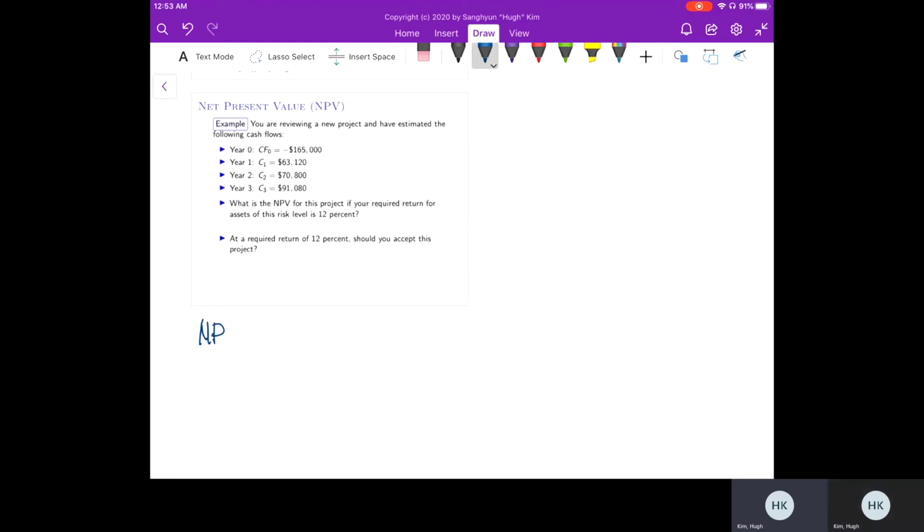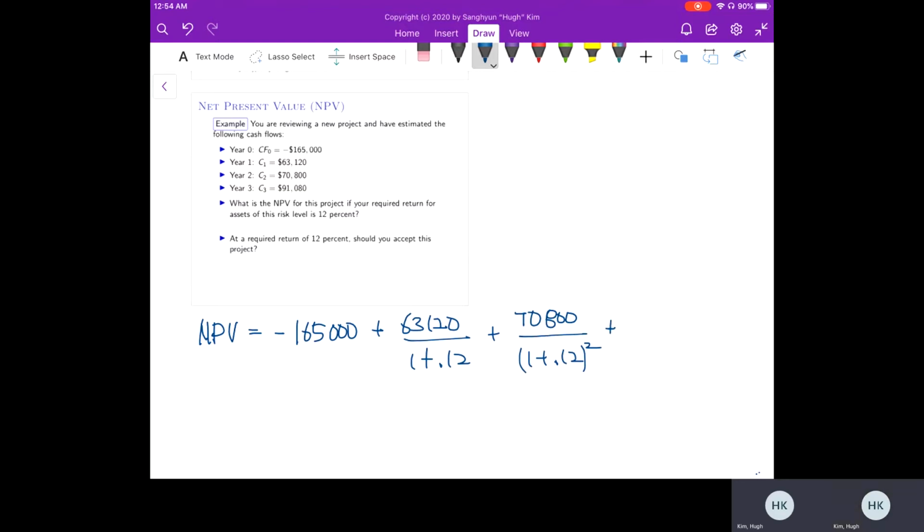So NPV is negative 165,000 plus the present value of the first year cash flow, 63,120 over 1 plus 0.12, plus 70,800 over 1 plus 0.12 squared, plus 91,080 over 1 plus 0.12 cubed.